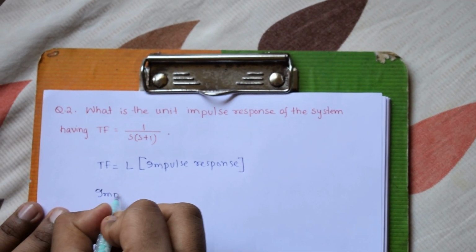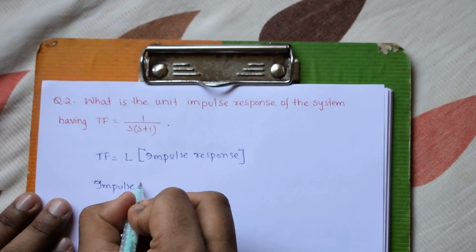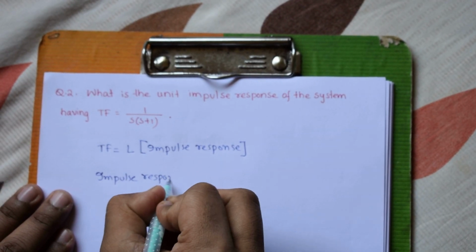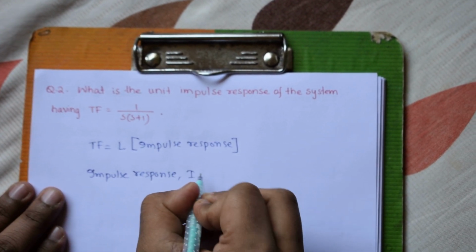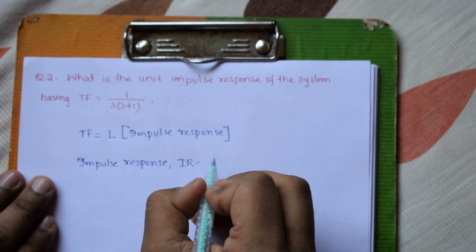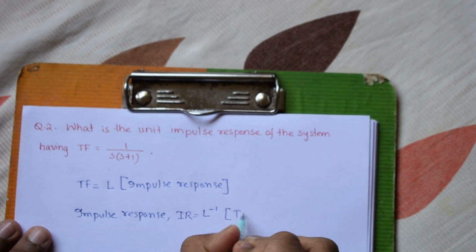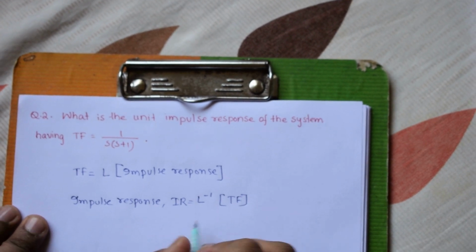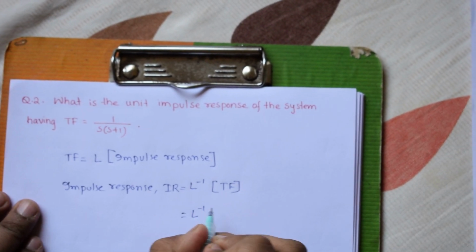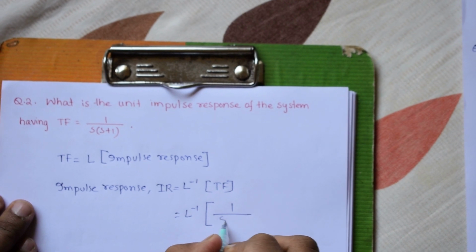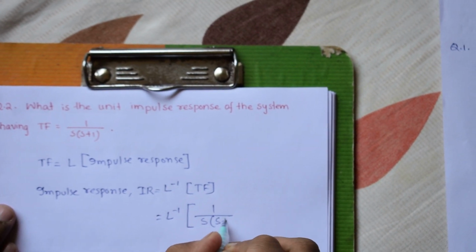So impulse response, in short I will write IR, is the inverse Laplace transform of transfer function. So here transfer function is given, 1 by s into (1 plus s).